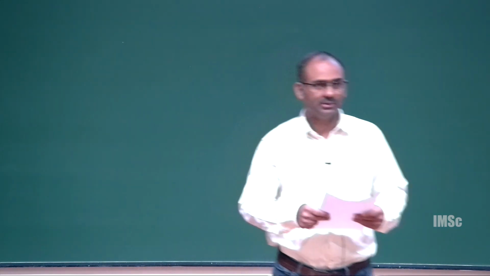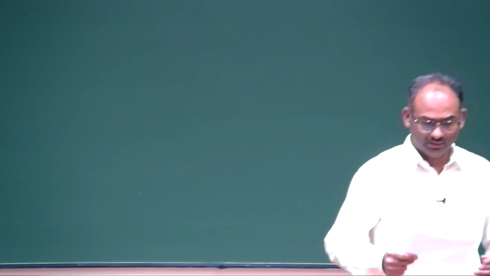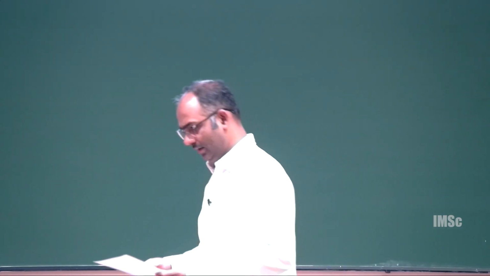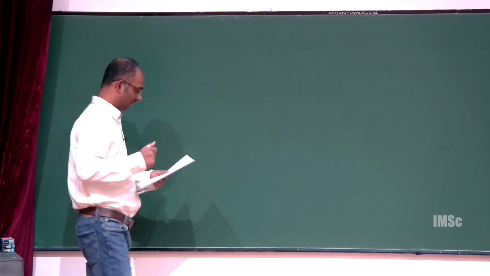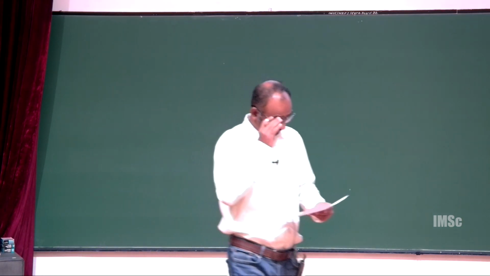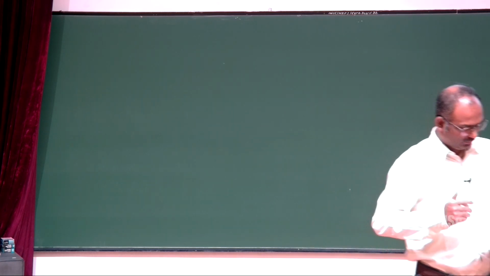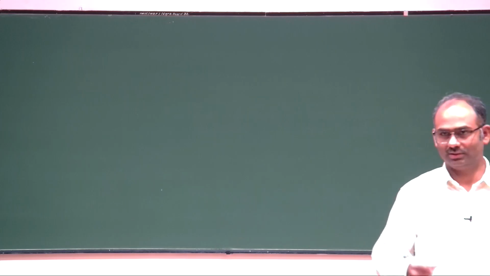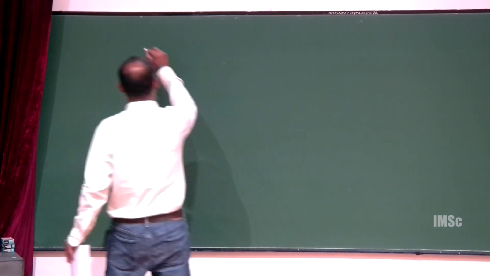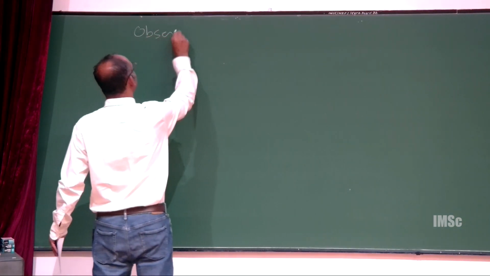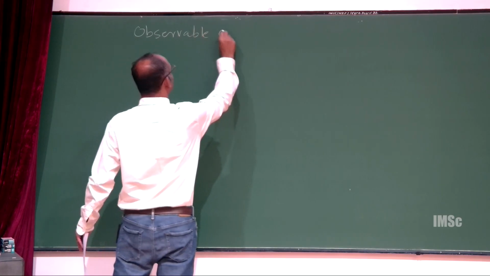Okay, so let's start with a quick summary of what we have done so far. And even before that, let me say something about what we expect our results for some observable to look like in a generic situation. So suppose you have an observable sigma.